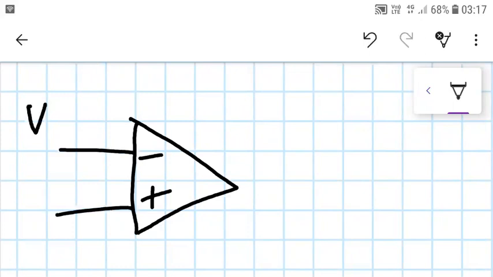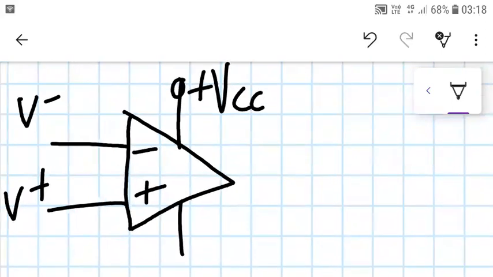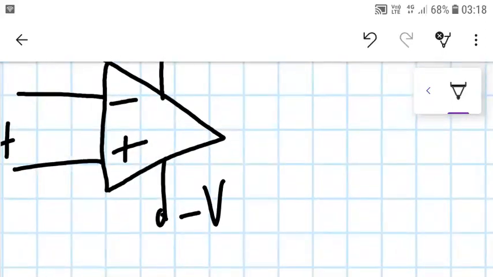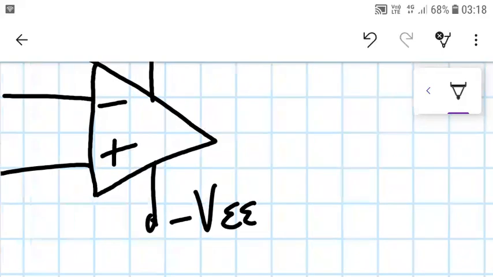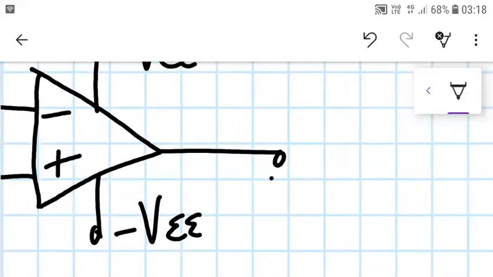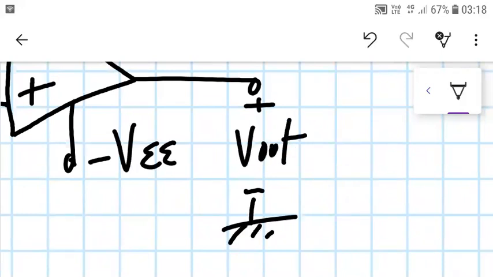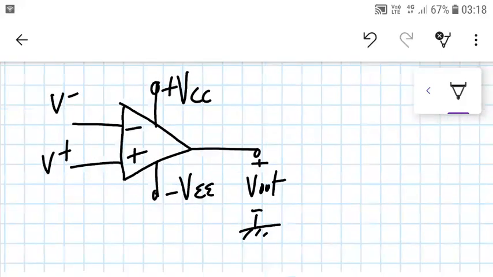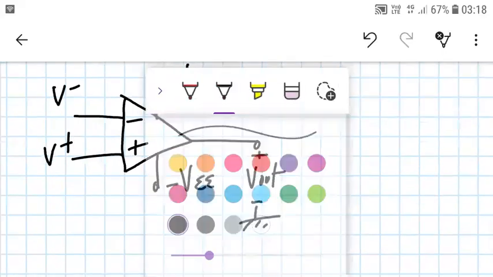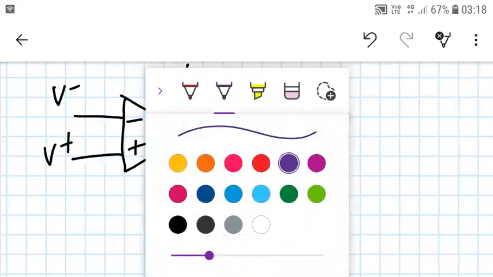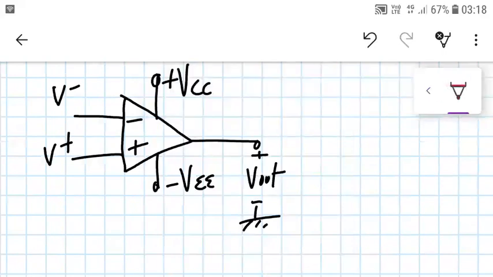This is called V minus, this is called V plus, and you have your power supply port. No need to show it again and again. It's understood that it's connected to minus and plus power supplies. And there is my output, V out. So this is a simpler and clearer symbol of an op-amp.